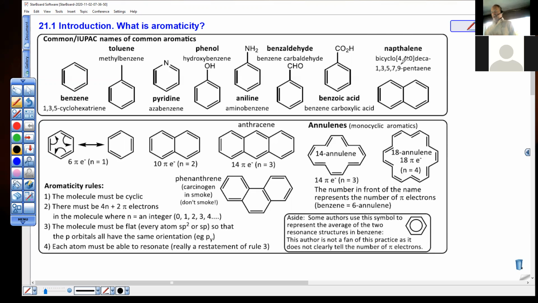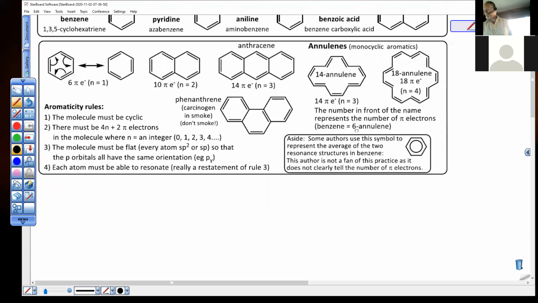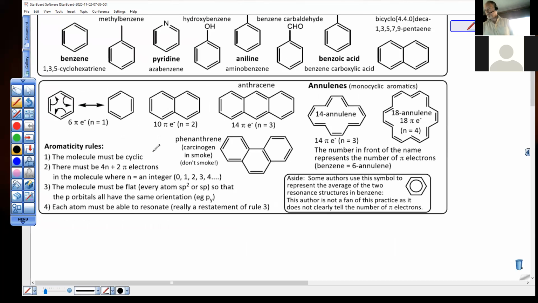We have guidelines for establishing, is a molecule aromatic or is it not? And the guidelines are as follows. You must have a cyclic molecule to be considered aromatic. There must be a special number of pi electrons.